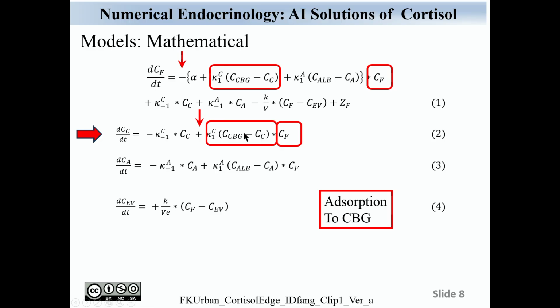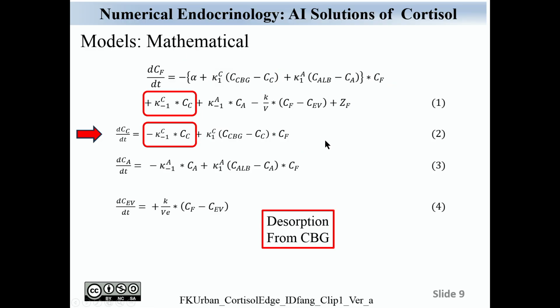So it's just telling us that it goes from free to adsorbed, and this is a term that's required in the chemistry equation, basically. So then the other possibility is that it was adsorbing, this is desorbing, and so in desorbing, it adds to free and subtracts from CBG.